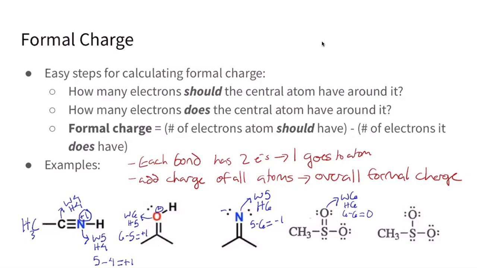Now let's look at another oxygen, which is down here in the same molecule. Again, it wants to have 6, but let's see how many it does have. 1, 2, 3, 4, 5, 6, 7. So this oxygen has 1 more electron than it wants to have. So it's going to have a negative charge.